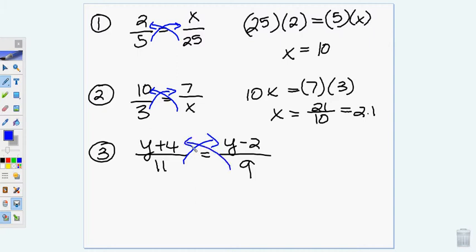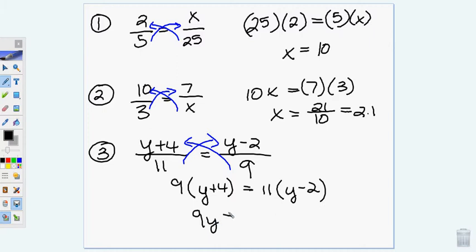But this time it does involve the distributive property. Let's multiply this way. 9 times y plus 4 equals 11 times y minus 2. Go ahead and distribute your 9. So you end up with 9y plus 36 equals 11y minus 22.